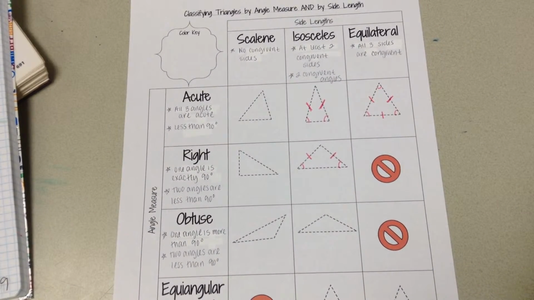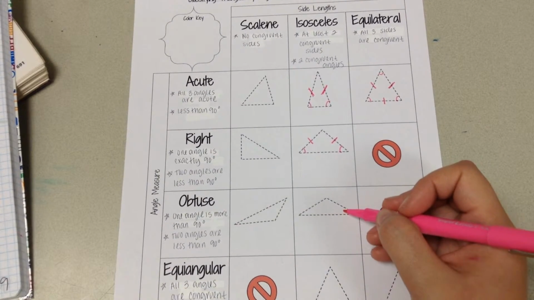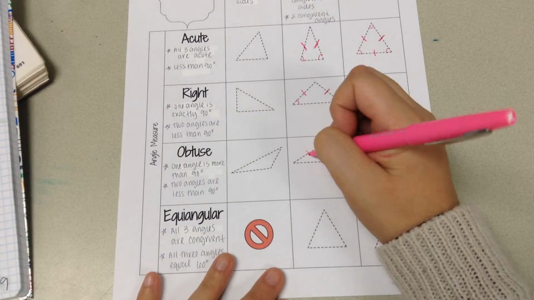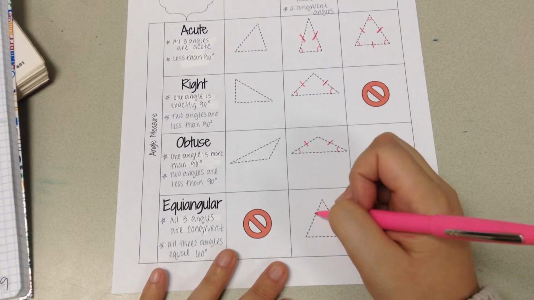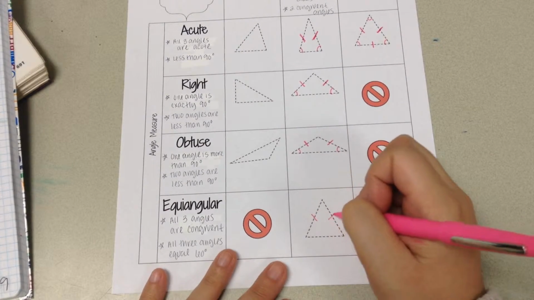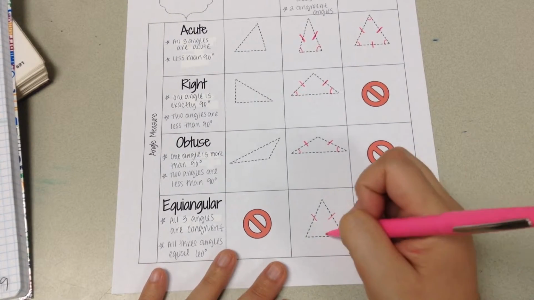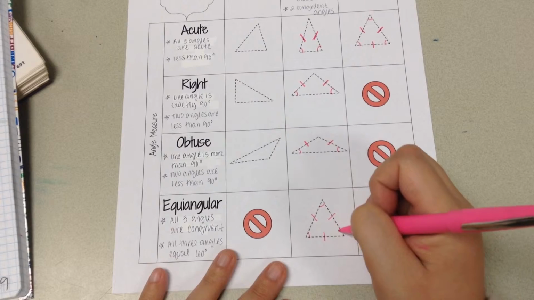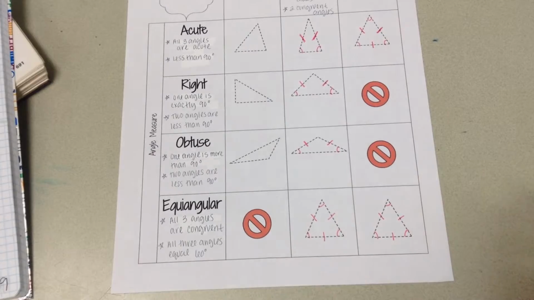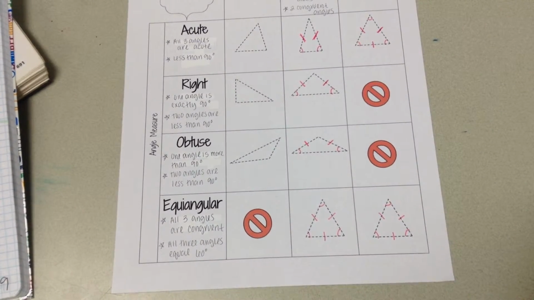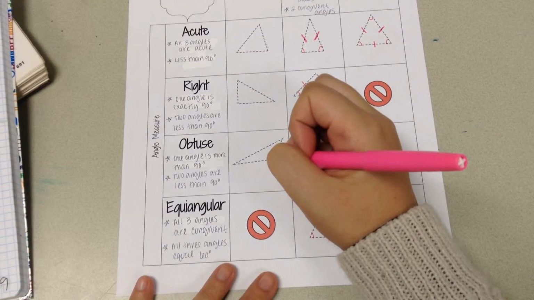And for this one, these 2 are congruent and these 2 are congruent. And then for this one, actually, all of these are congruent and all of these are congruent. And then over here, this is the obtuse.